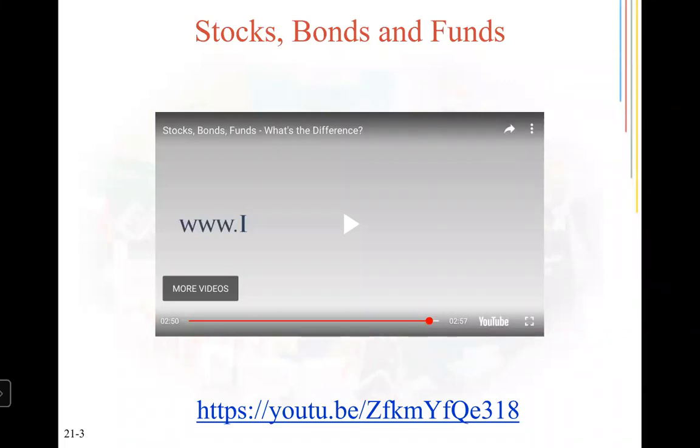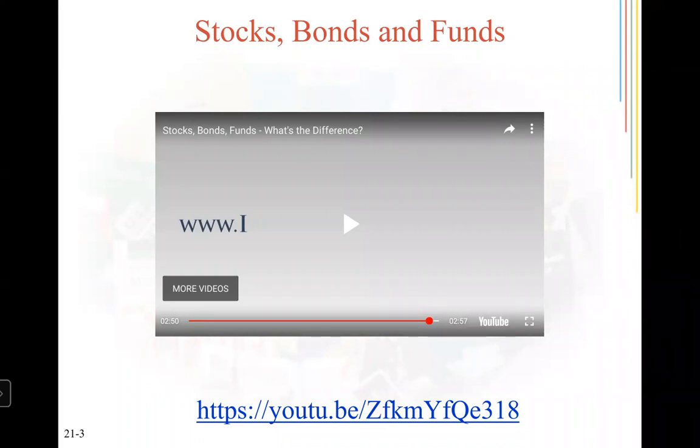What is the difference? One says that you actually own a part of the company, and the other one says you're giving the company a loan. So you don't own the company, but you're lending some money to the company, and they're supposed to be paying you back with interest.